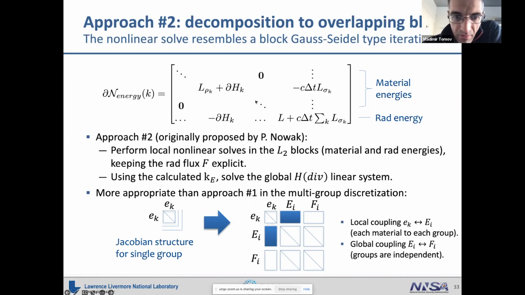What I did above was one radiation group, or one color. Now, if you want a better approximation of the radiation energy, you want to take multigroup radiation discretization. Then this block here for the radiation energy becomes full, couples many things, so the backward substitution will not work so well. But with this approach, it all decouples nicely.